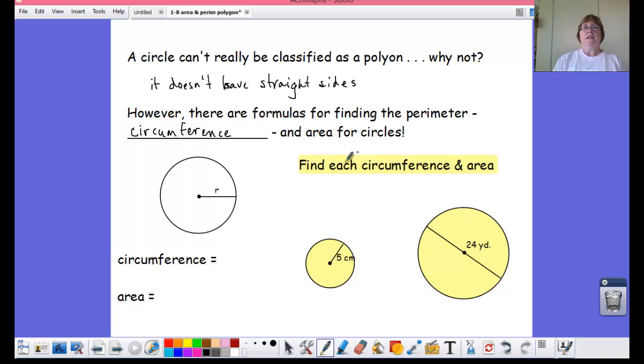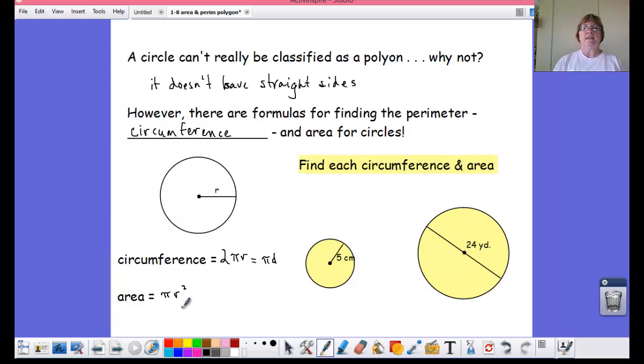Many of you will remember that, circumference. And for area, in circles, circumference is equal to 2 times pi times radius. Area is equal to pi times radius squared. Sometimes, since it's true that 2 radiuses equal a diameter, some people will use the formula pi times diameter for circumference. Both of those are right.